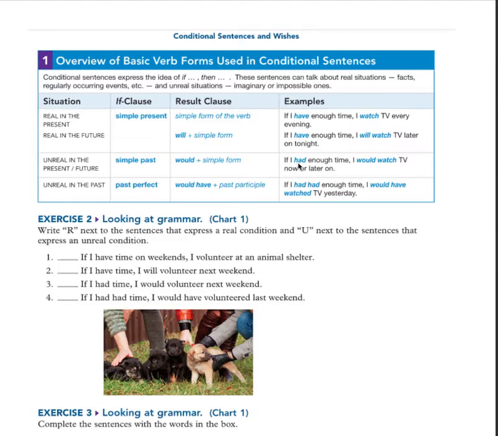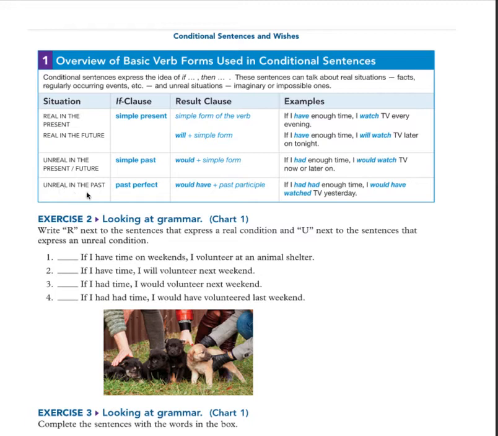If I had, this is in the simple past. And look at the verbs in the result clause. Would and the simple form of the verb. If I had enough time, I would watch TV now or later on. That means I don't have enough time, so I won't watch TV now or later on. Okay? So it's unreal in the present and future.